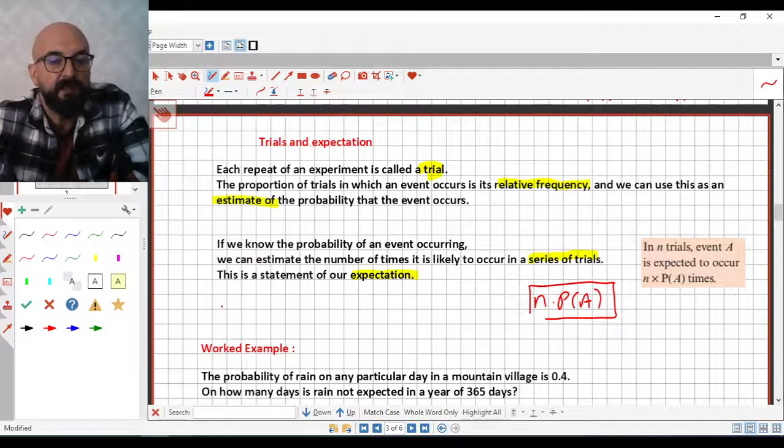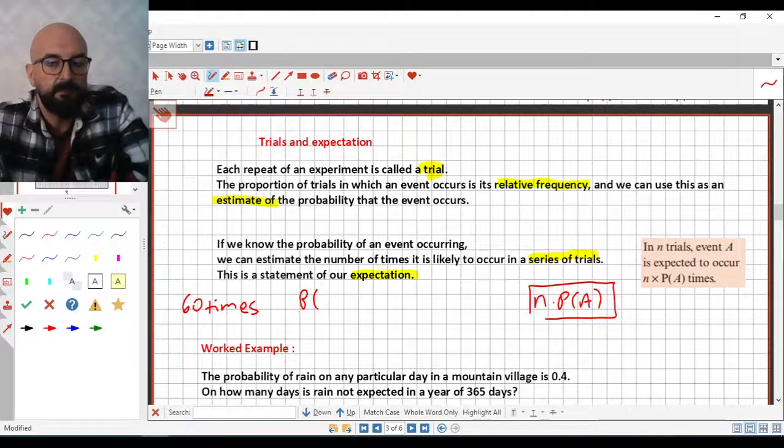For example, you toss a fair coin 60 times, and the probability of heads is 1 over 2.